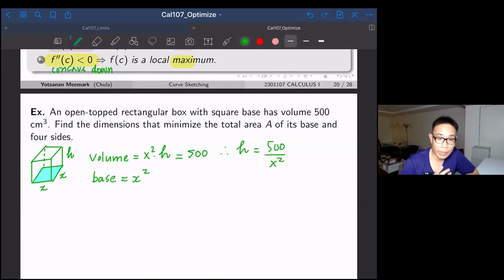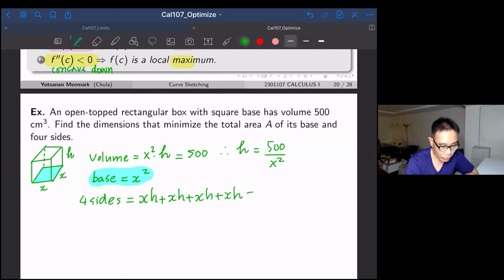The base will be x squared, which is the blue one, and you also have four sides. Each side will be xh, so it's xh plus xh plus xh plus xh, which is 4xh.